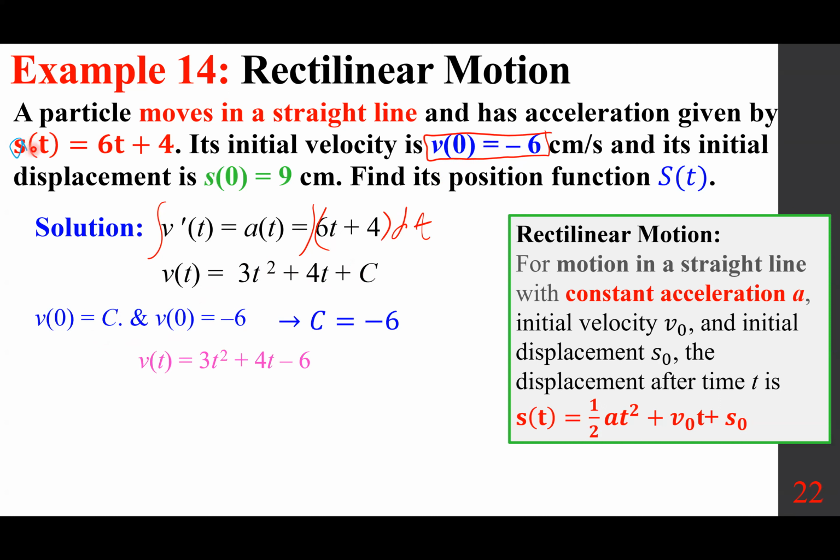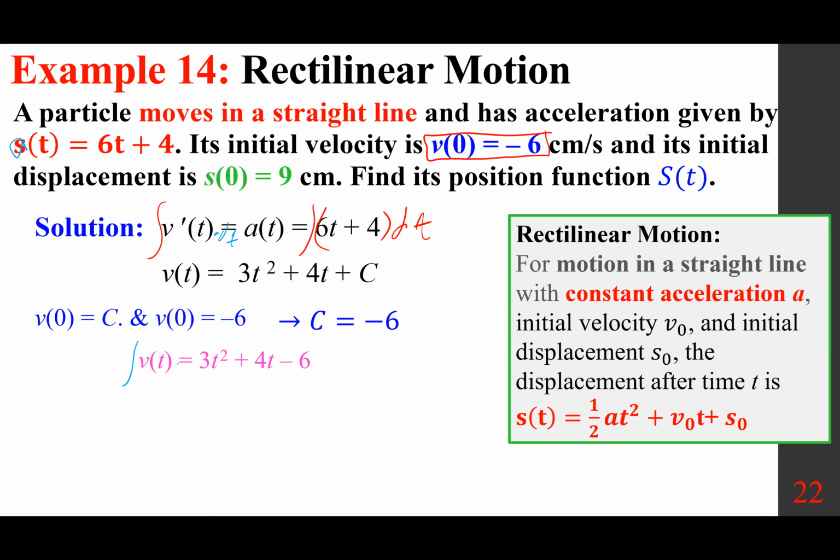So this is a of t, the acceleration function, which results in v of t in general. And since we have the initial velocity, we end up with the velocity function. Now, if we integrate this again, by the way, when you integrate, remember t here.